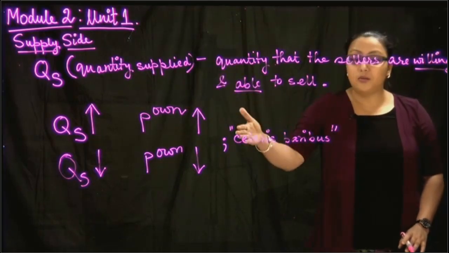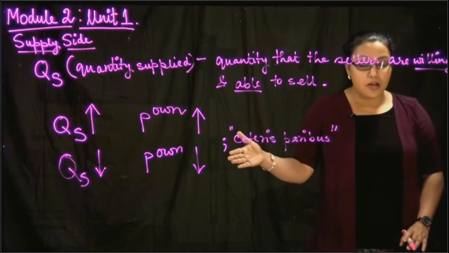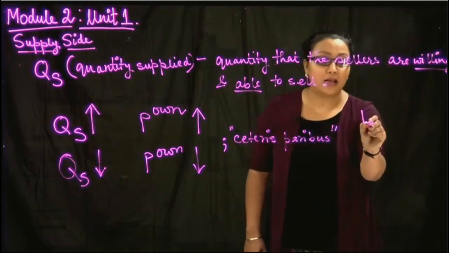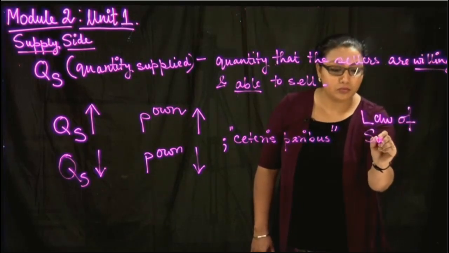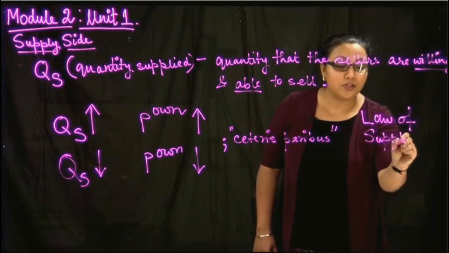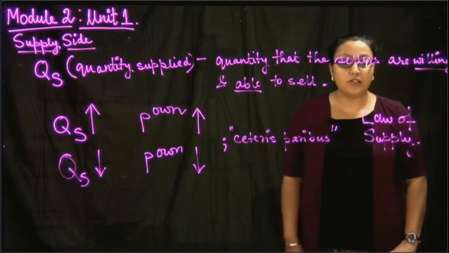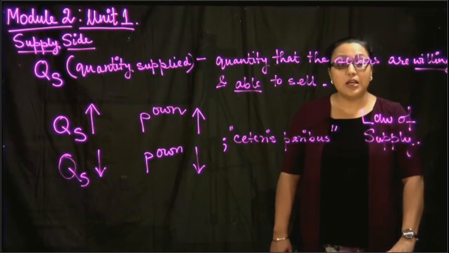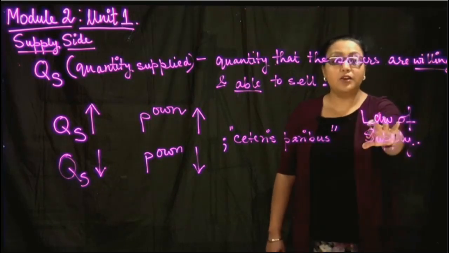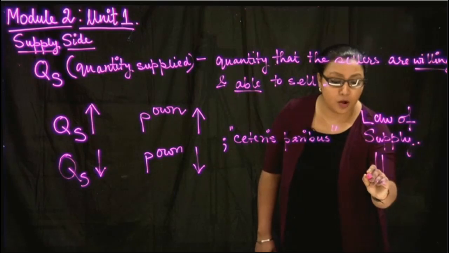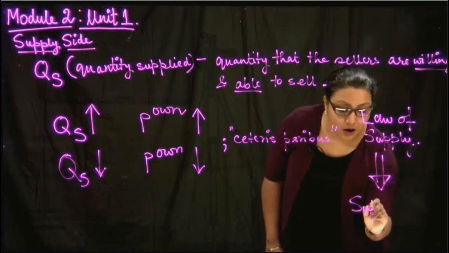If the price of the commodity decreases, then the quantity supplied decreases, right? And this is known as the law of supply. This positive relationship between the price of the commodity and the quantity supplied of the commodity is known as the law of supply. And when we graphically represent this law of supply, it is known as the supply curve.